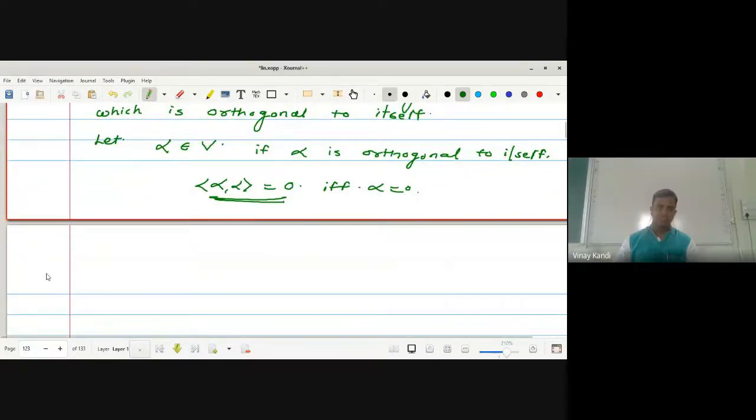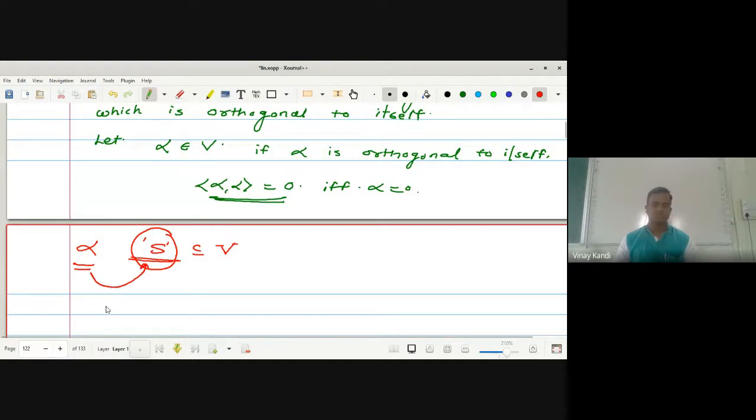Now the next definition is orthogonal to each vector in S. Okay, when we say that this alpha, suppose S is a non-empty subset of V, then alpha is orthogonal to this set S if this alpha is orthogonal to each and every vector of S. Okay, look at this one.